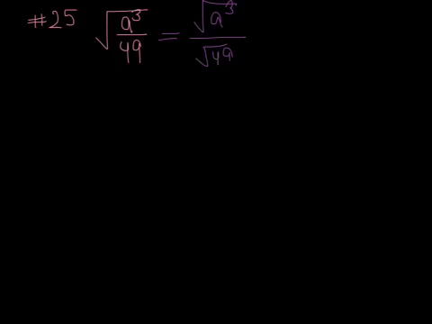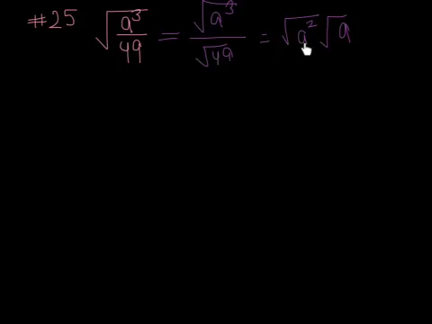In this case, we have a variable raised to a power. So we know that we're going to have to use our exponent rule. Whenever we're multiplying exponential terms, we're actually just adding our exponents together. So in order to break it down, I'm going to have radical a squared and radical a.